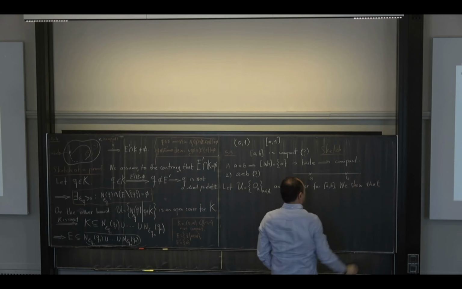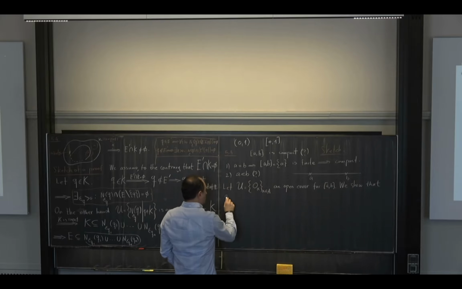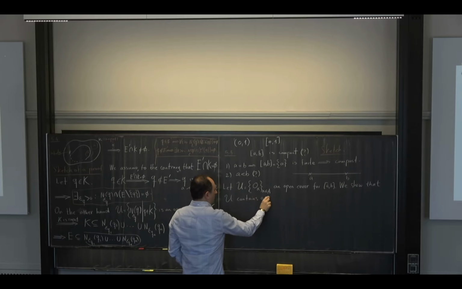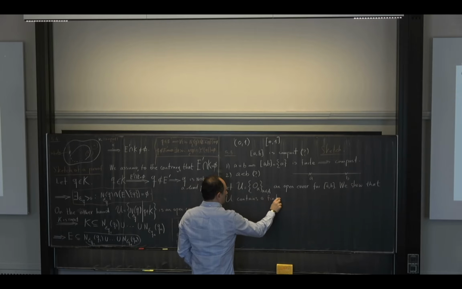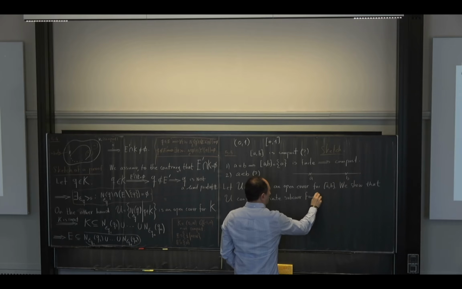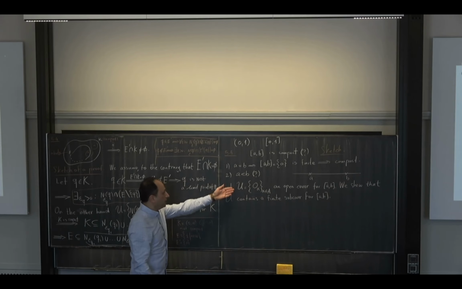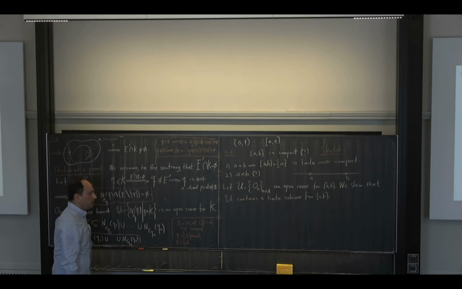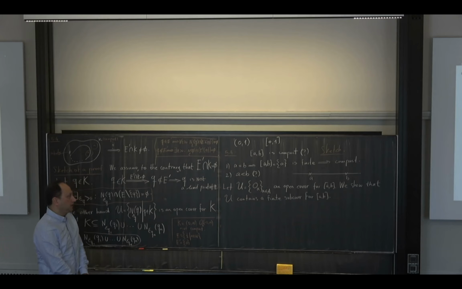We show that U contains a finite subcover for [A, B]. Yes, because I want to show that this is compact, this is the standard way to start. I imagine that I have an open cover and I want to prove that it contains a finite subcover.